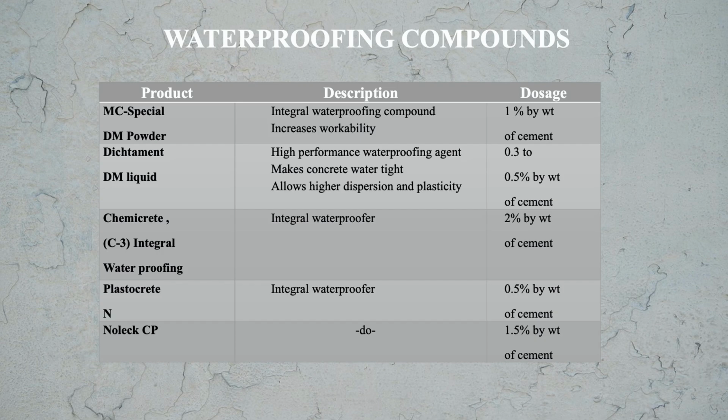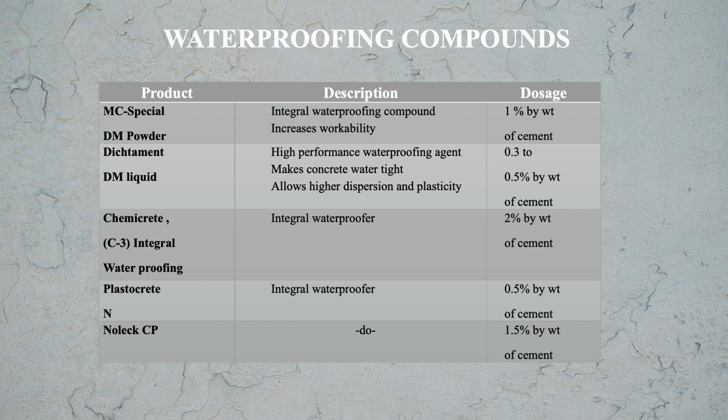Then let us see some waterproofing compounds which are available in the market. MC Special DM powder is used in doses of 1% by weight of cement. It provides waterproofing and also increases the workability.